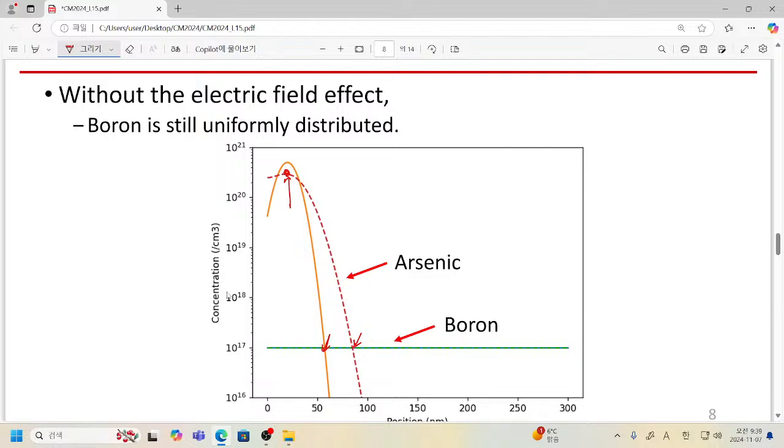So now we have a widened junction. From the viewpoint of fabrication, usually this excessive diffusion of our high density dopant is regarded as a bad thing, because usually we wanted to make a quite shallow junction.